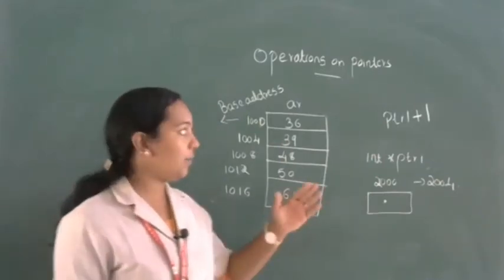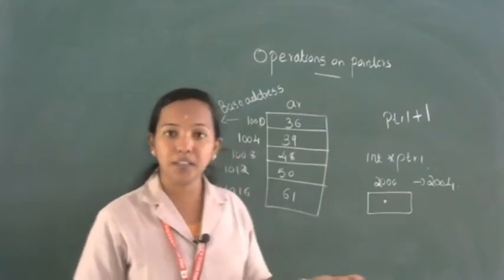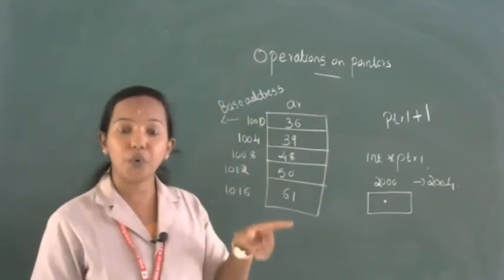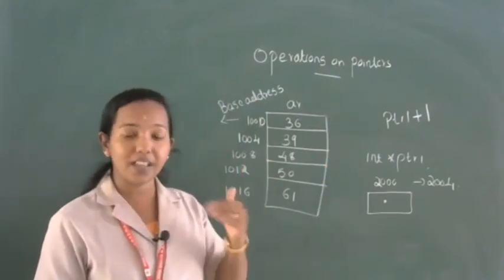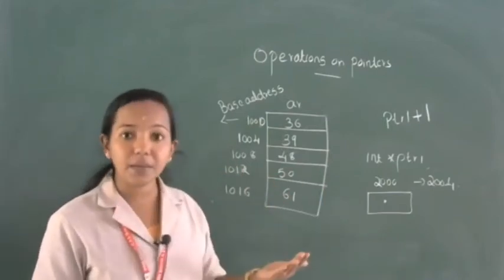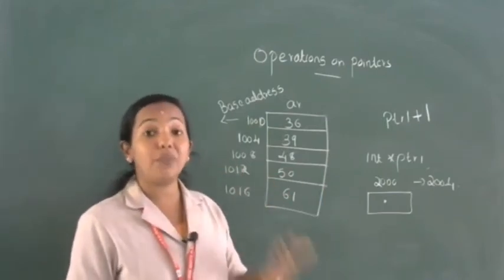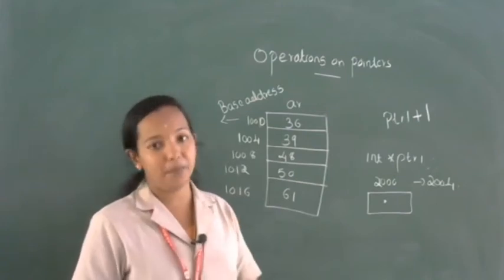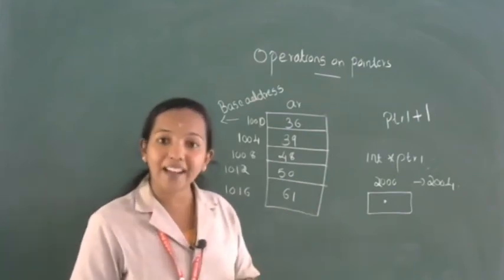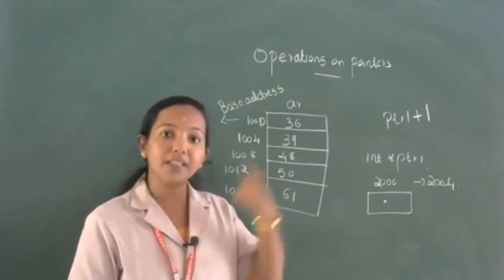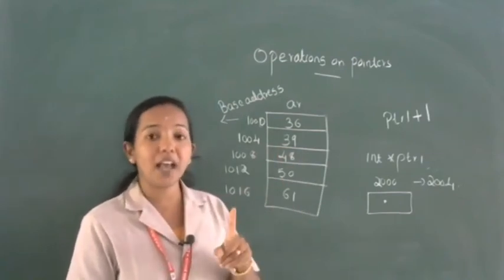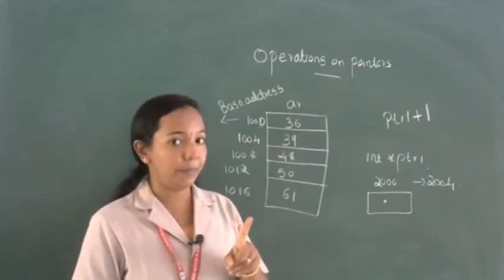Then again, if it is ptr1 plus 2, then it is 2 into 4. When we are incrementing an integer pointer, it increments by 4. If it is a character pointer, plus 1 means plus 1, because each character requires 1 byte of memory. Clear?